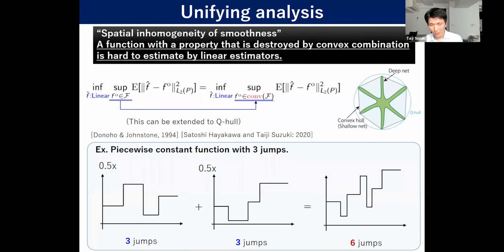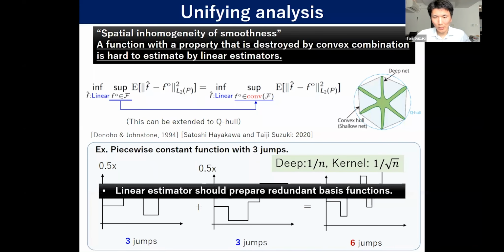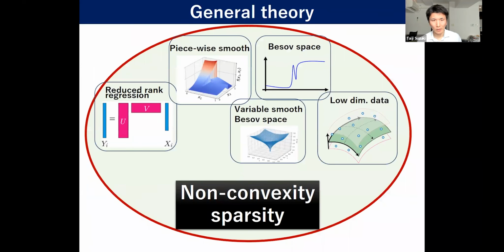So this theory can explain the failure of the kernel method in other situations in a unifying manner. So we have already obtained a unifying framework that can explain why deep can outperform the kernel method.